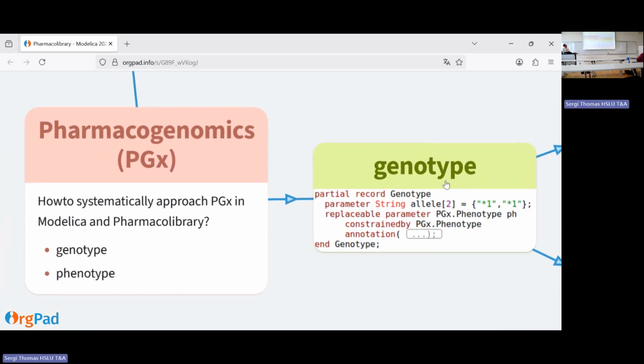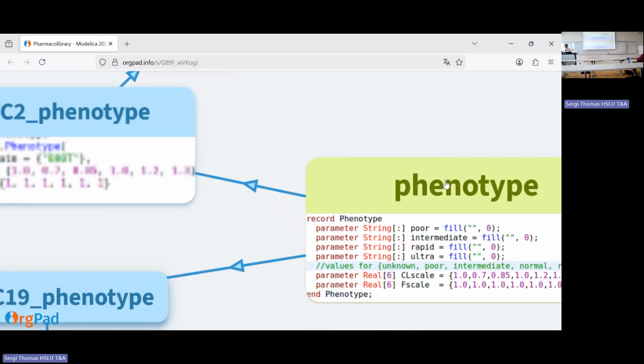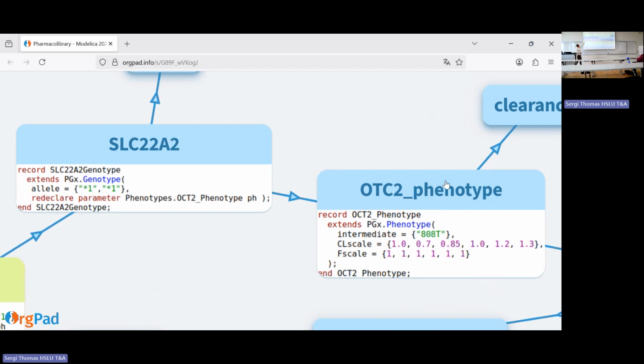The last part of this presentation is about pharmacogenomics, so how to approach it systematically. We have introduced the records for genotype and for phenotype, and when joined together, the genotype is expressed as some mutation in alleles, and it has a consequence on the phenotype.